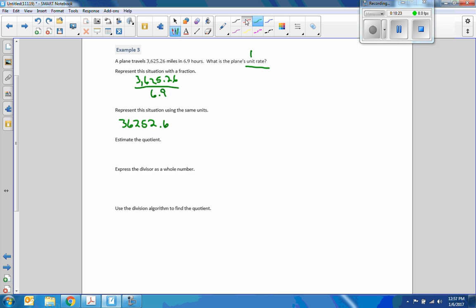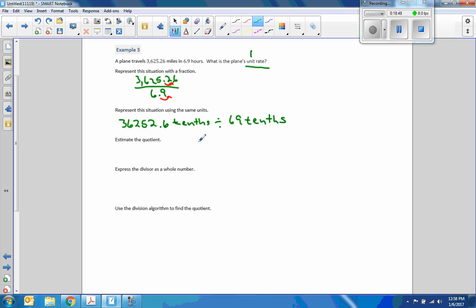Now what I'm doing here is I have to move this decimal 1 place to get a whole number, so therefore this can only get moved 1 place. And that's why I have the decimal here. So that is going to be, and I'm going to call that tenths. And we're going to divide it by 69 tenths.